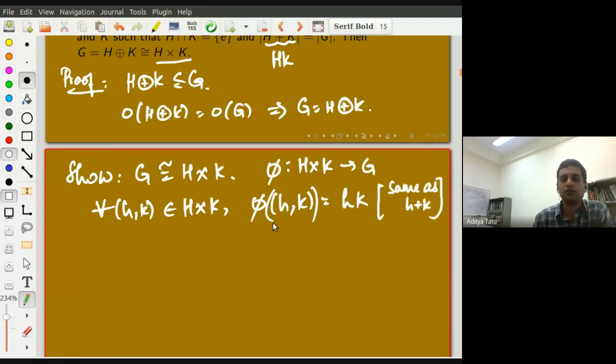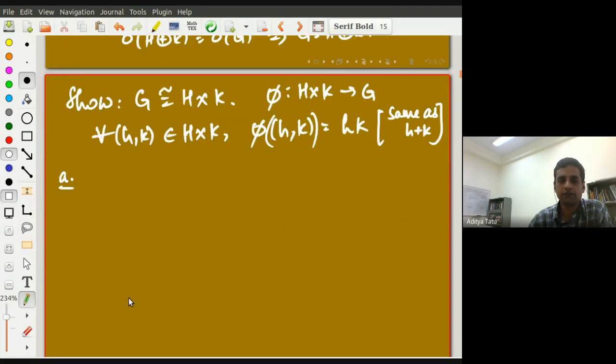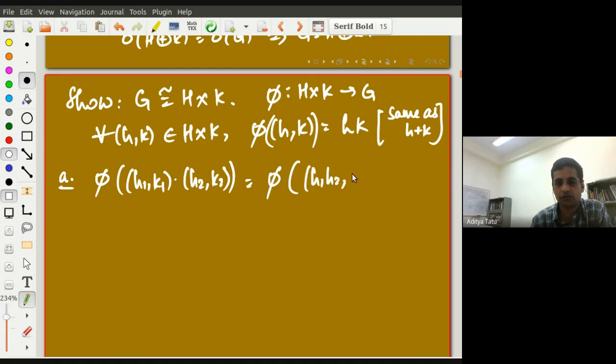Can you all show that this is an isomorphism? So is this a homomorphism? Let's just check. (H1, K1), (H2, K2). What would this be equal to? The definition of this is H1 H2 K1 K2.